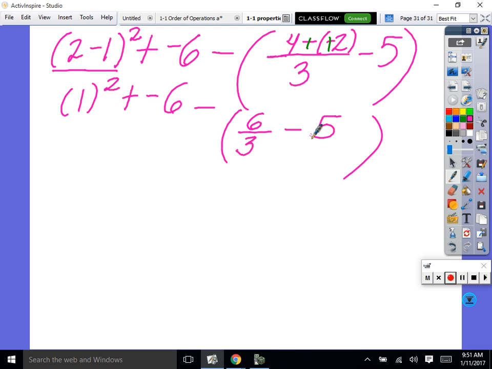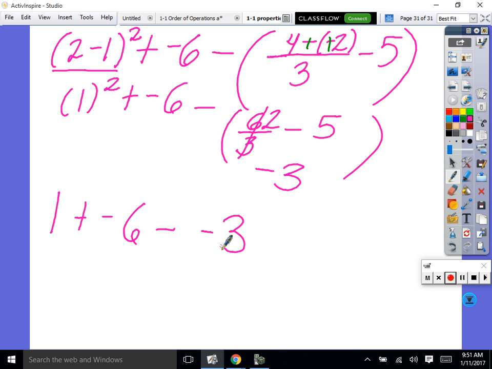Does everybody understand 6 over 3? Okay? Everybody? Okay. So now 6 over 3 is 2, and 2 minus 5 is negative 3. So let's rewrite the problem. 1 squared is 1 plus negative 6 minus negative 3.